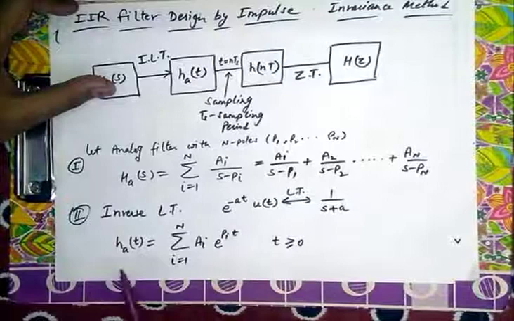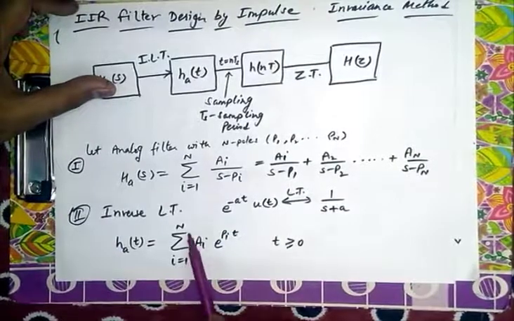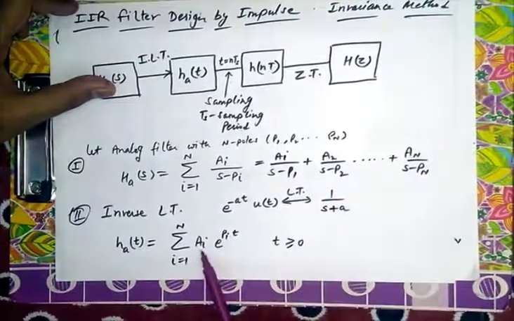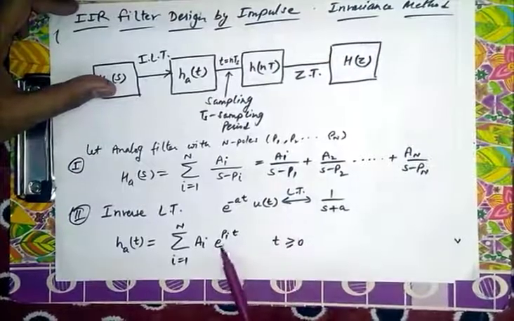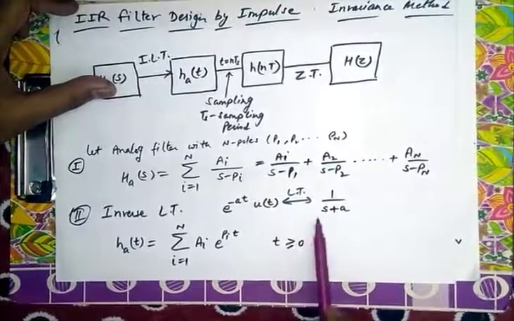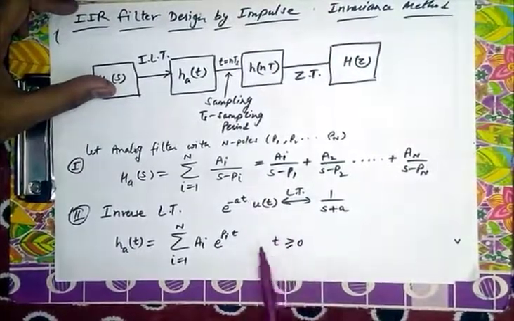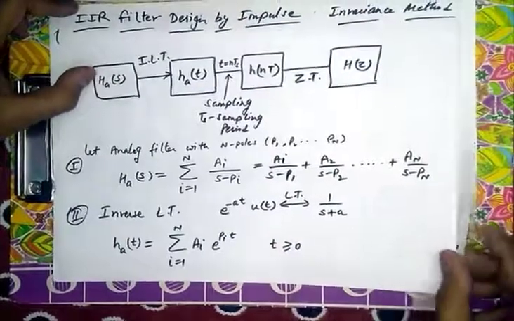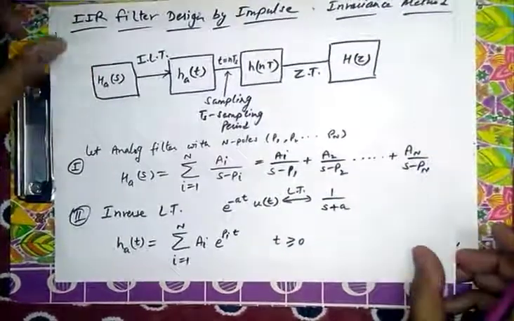So h_a(t) is the sum for i equal to 1 to n of A_i, the constant coefficients, times e raised to p_i t for u(t), where u(t) means time is positive.